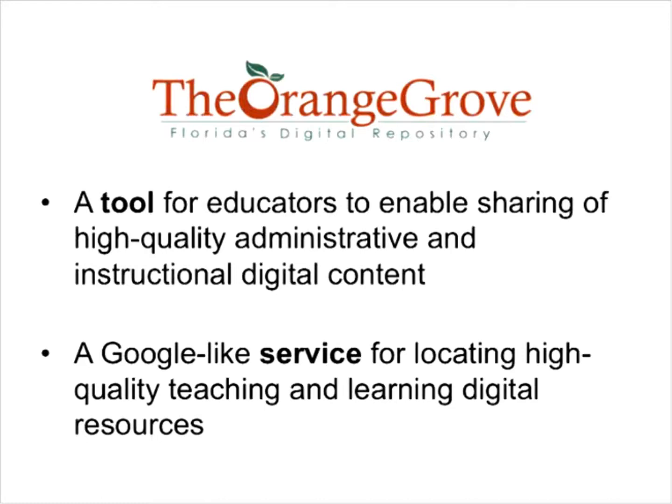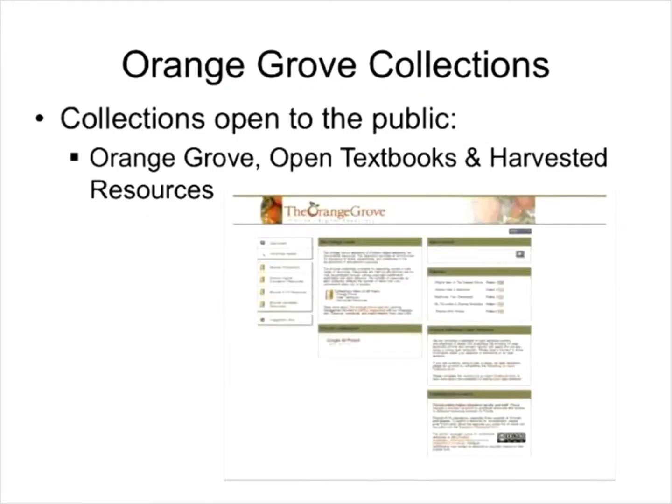The actual digital file is not located in our repository. You can click on the link and it'll take you to that resource. But in addition, it is a repository. That's its main function, so that educators can contribute resources of any type to share with other educators.